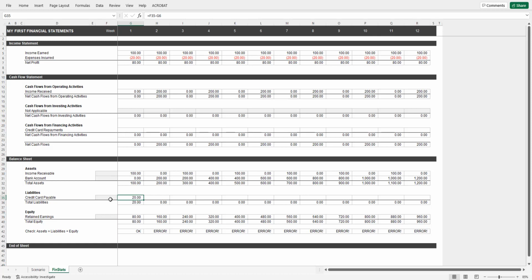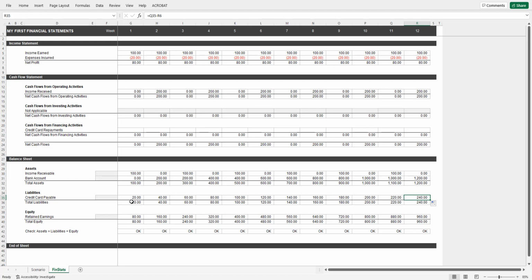And we want the liability to get bigger, not smaller. So now as I drag this across, you'll see that every period the credit card liability is getting bigger and bigger by $20. And balance sheet still okay, so it looks like we've captured everything there.